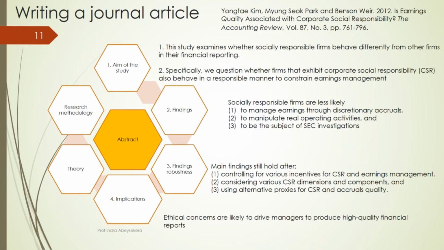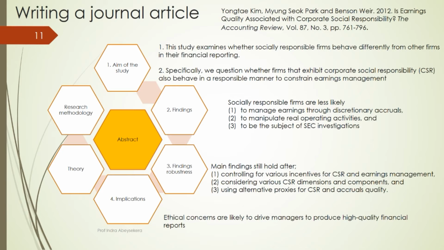Then it outlined the findings' robustness because it conducted additional analysis. It used a control for various incentives for CSR and earnings management, and then looked at the main model, and it considered various CSR dimensions and components.